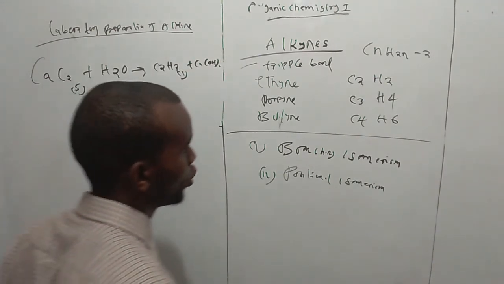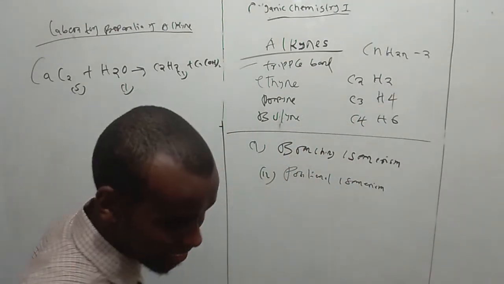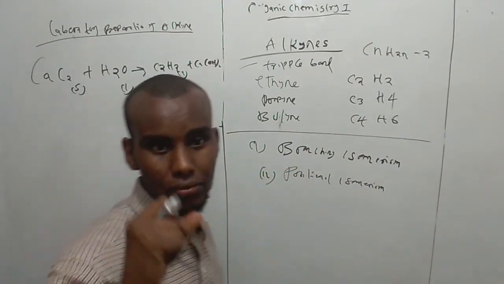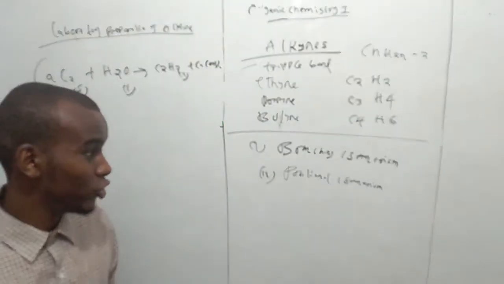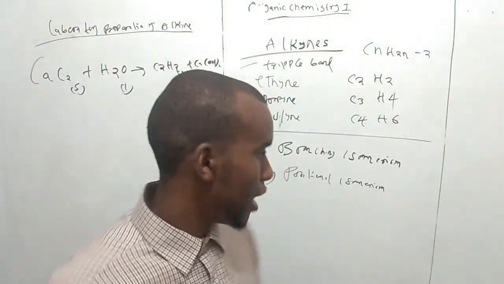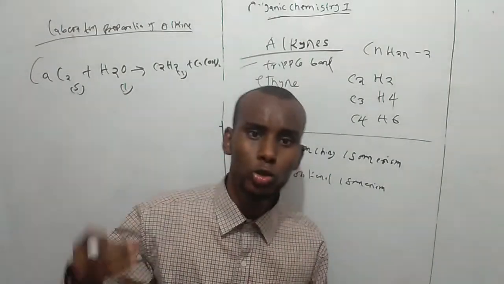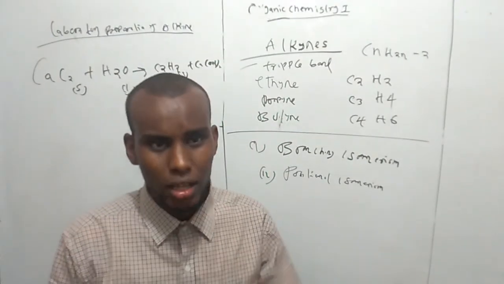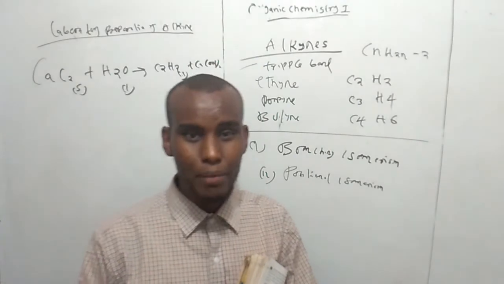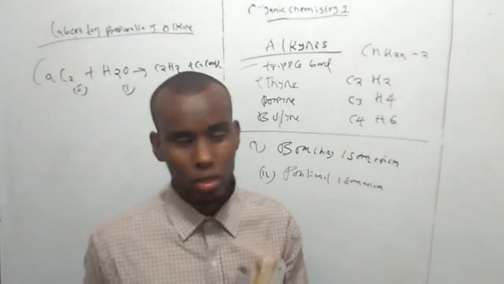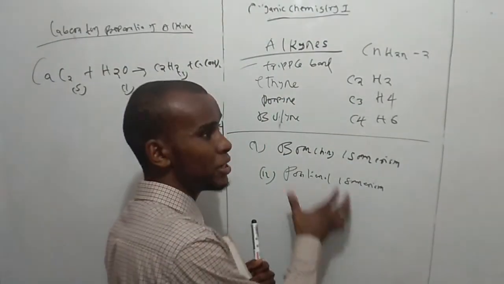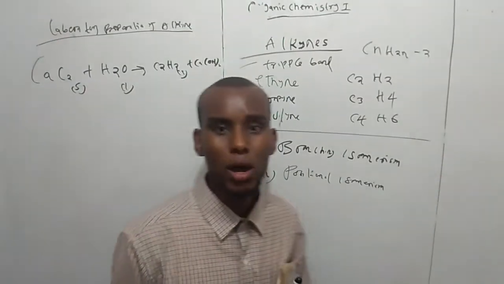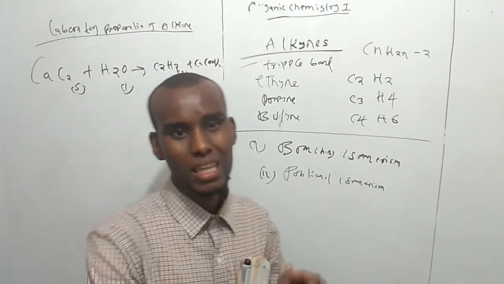This is the laboratory preparation of ethyne gas. I'm not going to dwell much on the alkynes since we have tackled much on alkane and alkene, and most of the characteristics are still going to repeat. I would like to end there for the class of today, but next time we are going to do organic chemistry 2. Still we are going to repeat here because there are some compounds that are still going to come under organic chemistry 1.